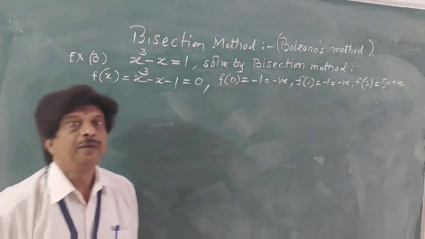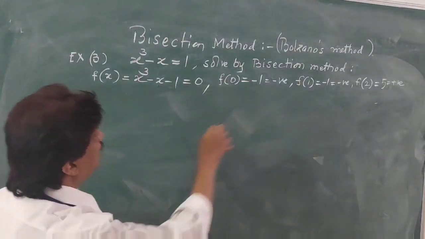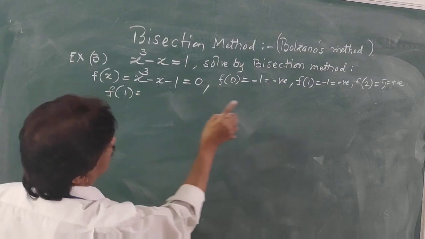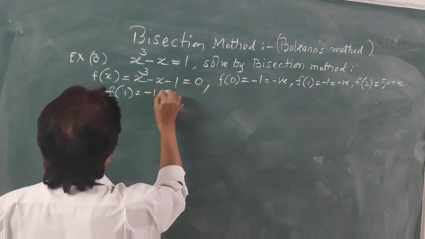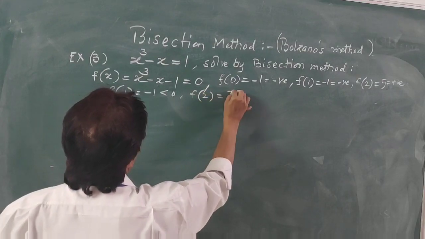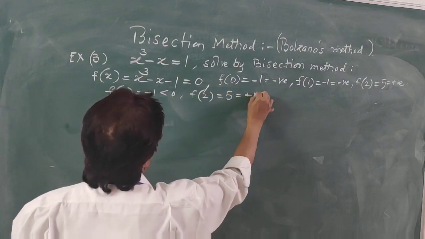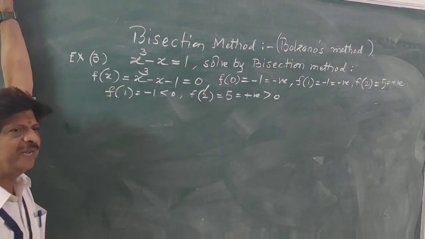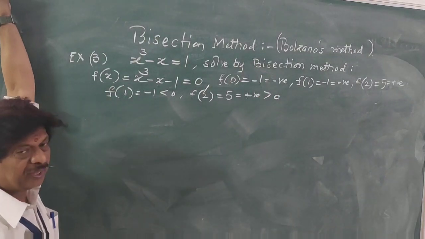So f of 1 is minus 1, negative, and f of 2 is 5, positive.